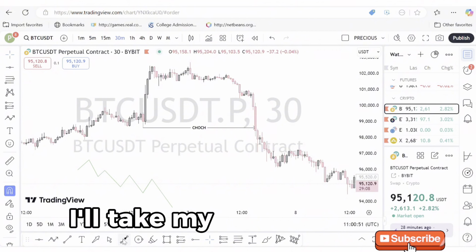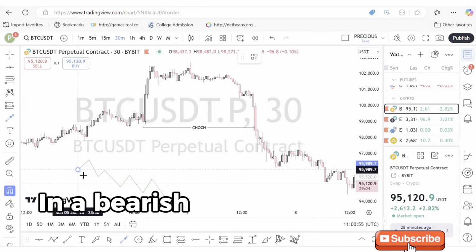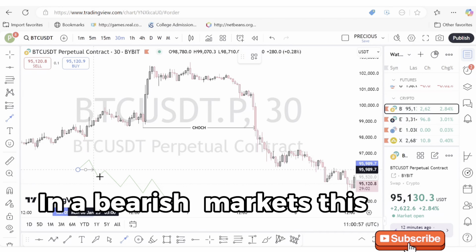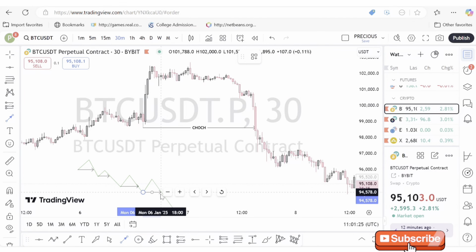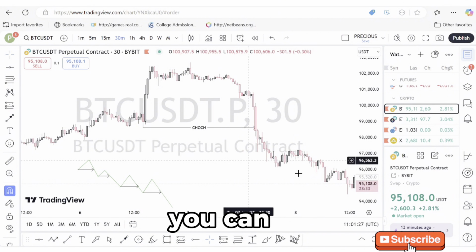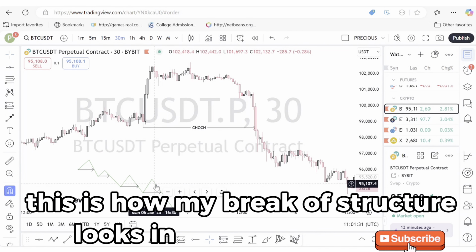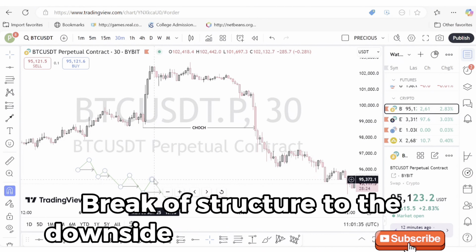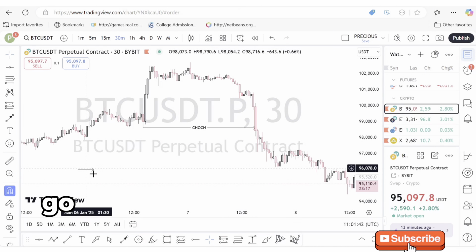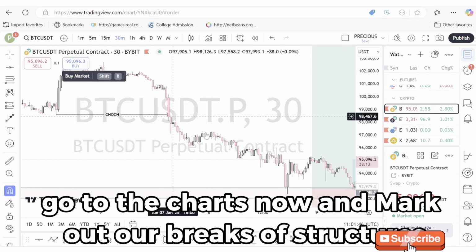I'll take my arrow, and then in a bearish market, this is my break of structure. So you can see this is how my break of structure looks in a bearish market. Let's go to the chart now and mark out our break of structure.